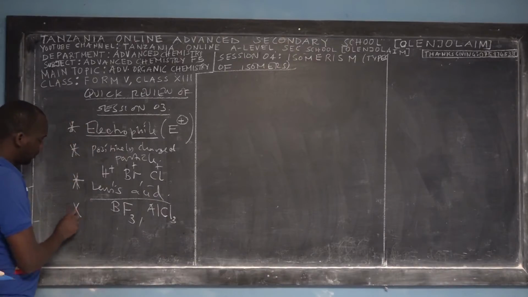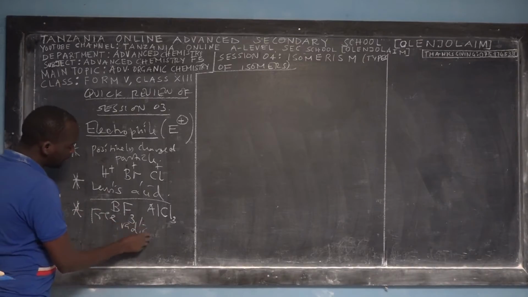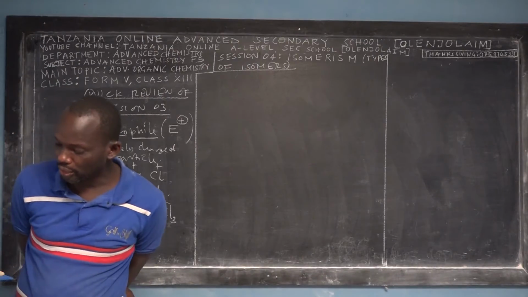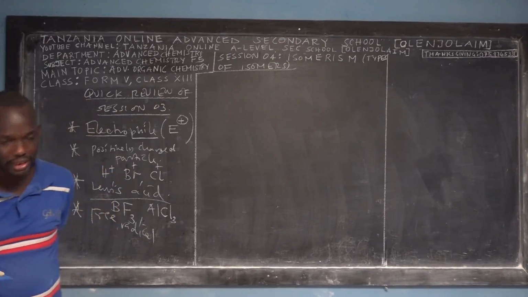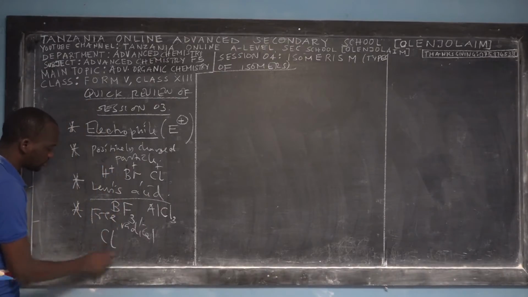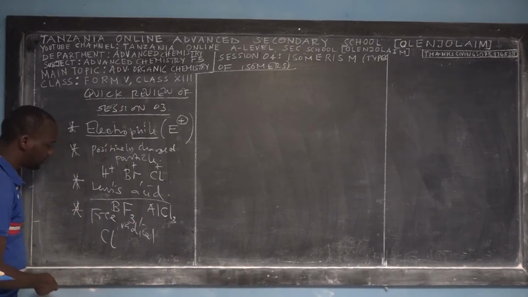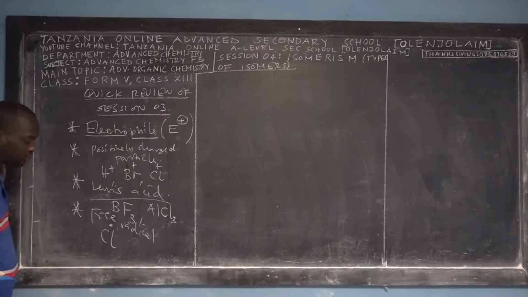And then we talked about free radicals. We defined a free radical as an atom or group of atoms that contains one unpaired electron. For instance, a chlorine atom contains one unpaired electron in a p orbital. To show the notation of a free radical, we introduce a dot, which means a free radical.